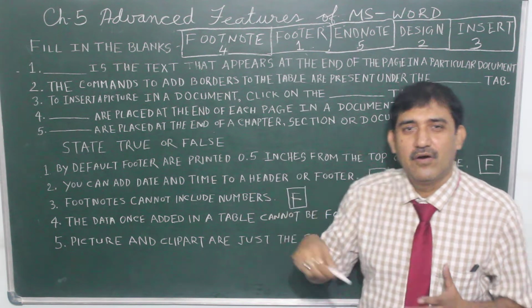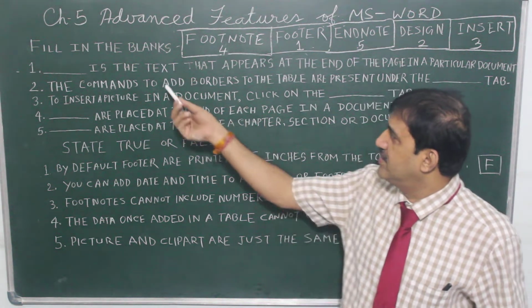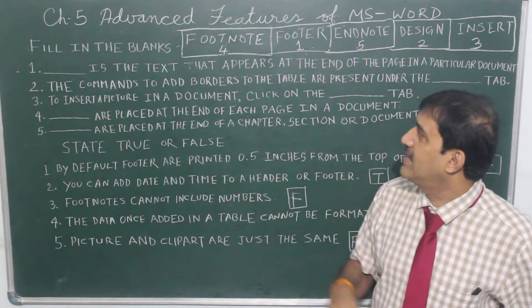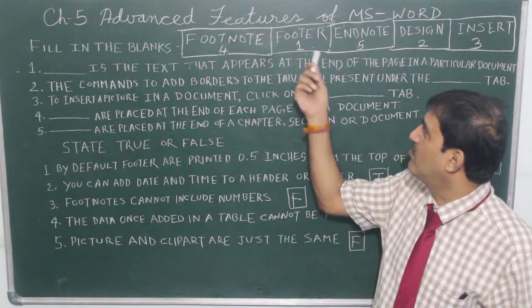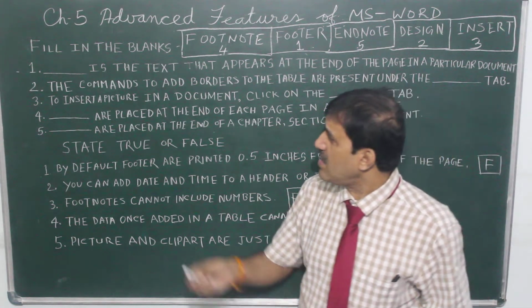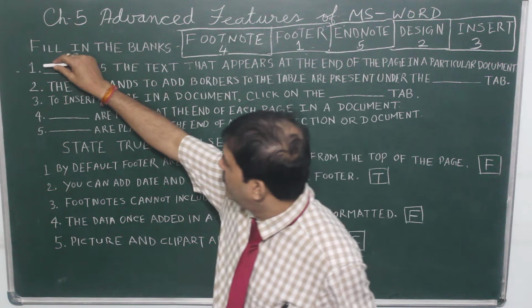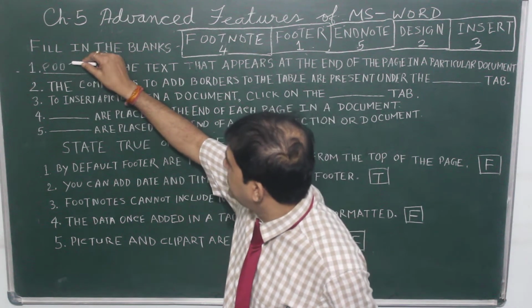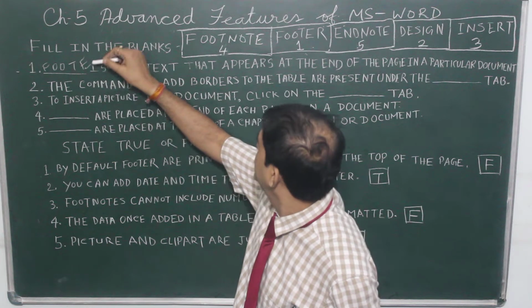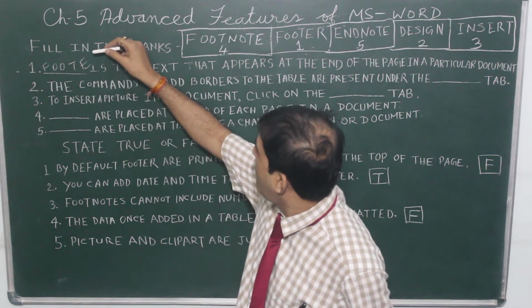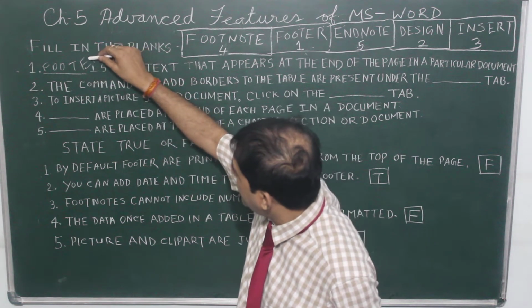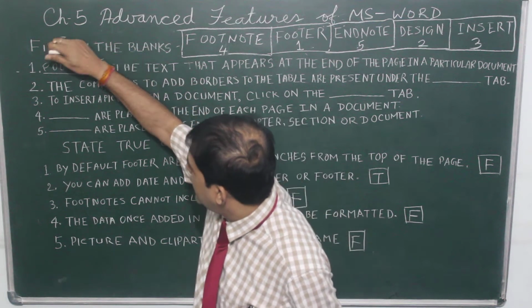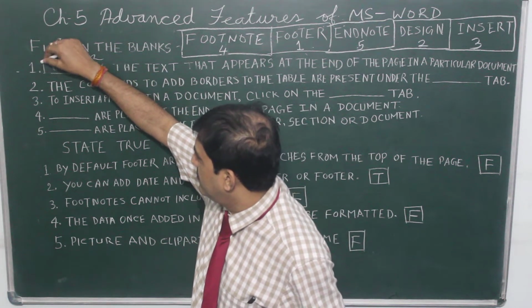Always put down the text that appears at the end of the page. So that is number one, the footer. You can write down footer, F-O-O-T-E-R, footer. So that will be the answer.